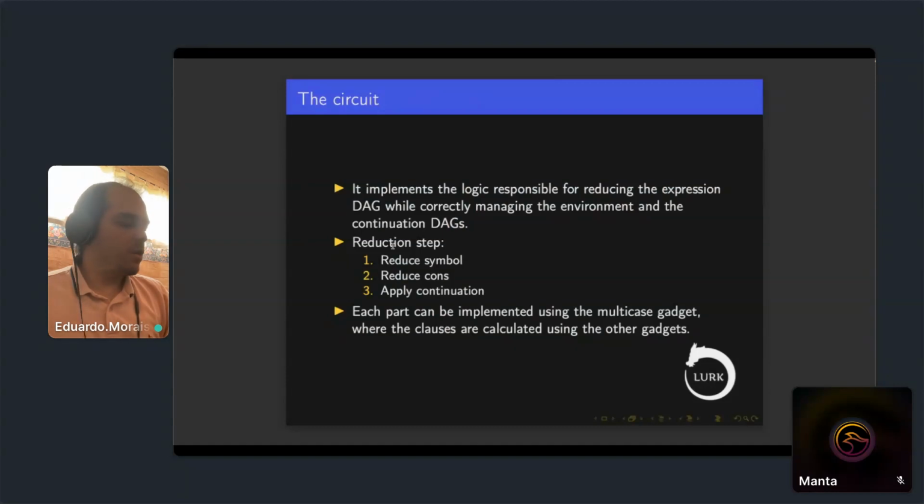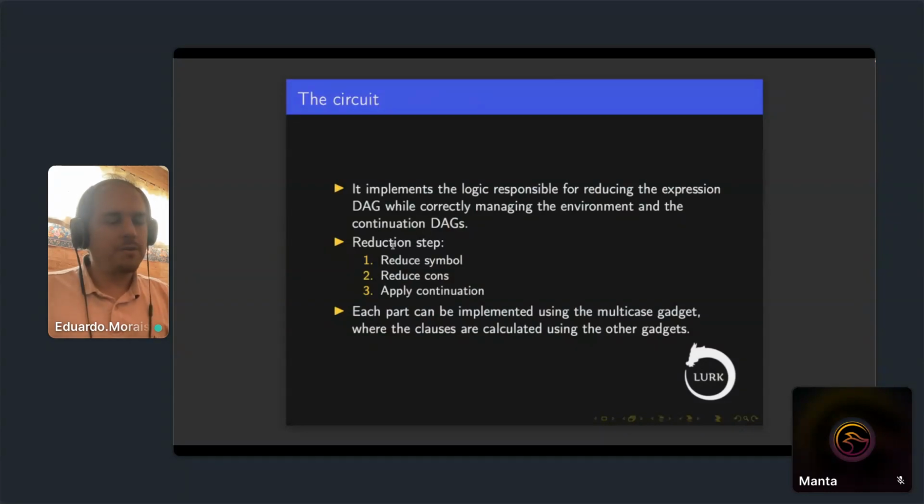And we organize it in 3 steps. The first one is to reduce a symbol, which means you want to reduce a leaf in the tree. If it's a number, then it evaluates to itself. If it's a variable, you need to replace it by the value that you find when you look it up in the environment. If it's a more complicated expression, then it is a cons, and you need to reduce this cons following some rules.